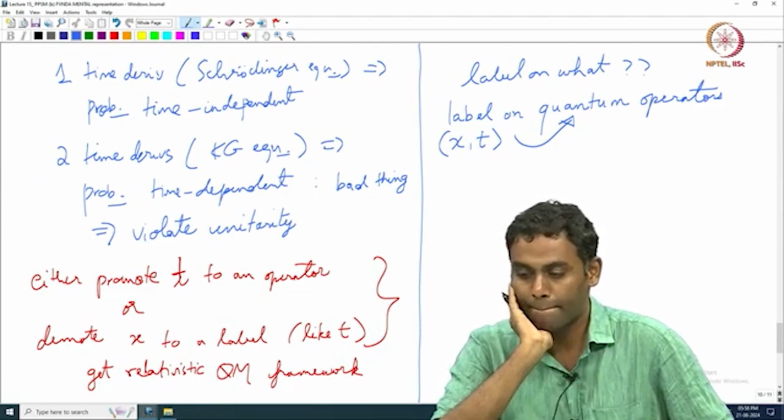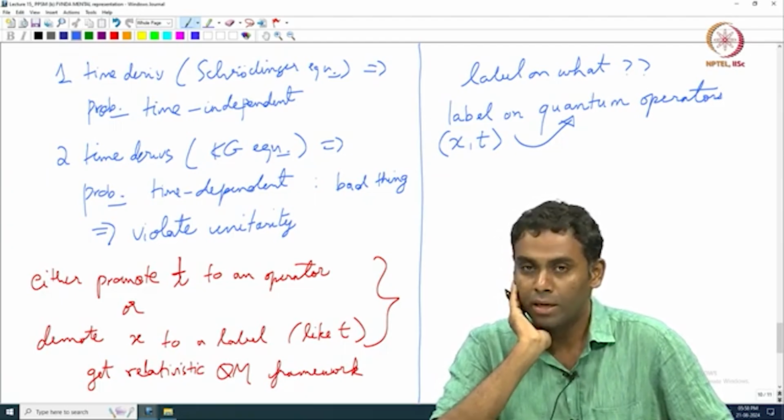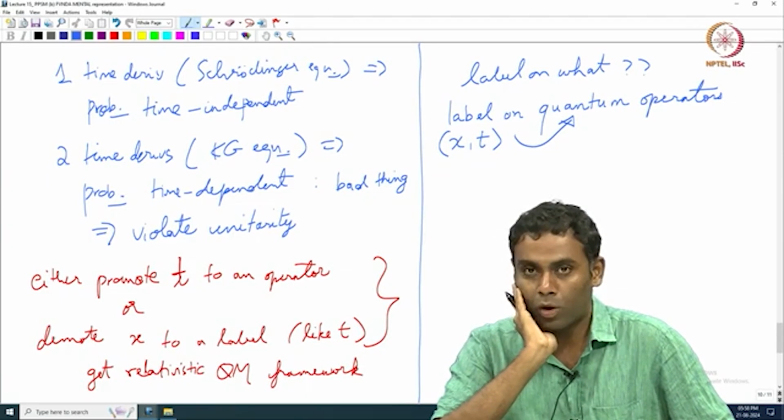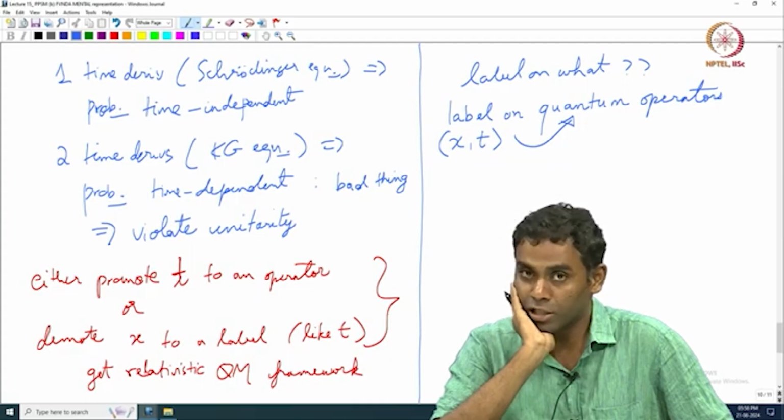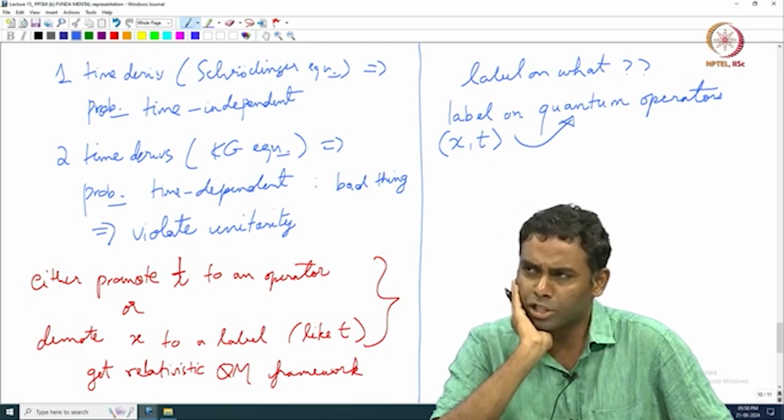But now we are claiming that there may be quantum operators that are functions of the position and time.